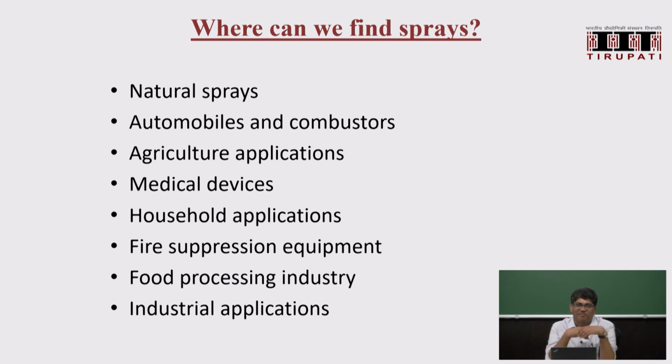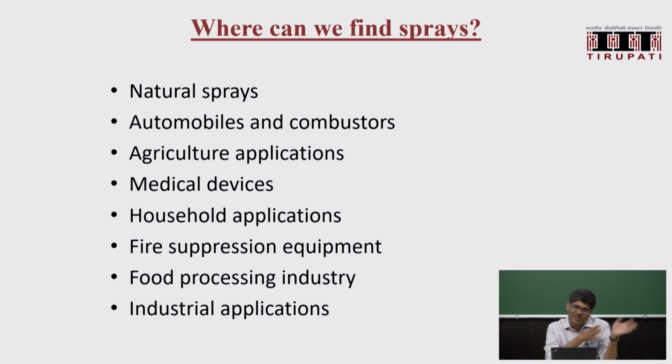I think probably everywhere in day to day life, right from your perfumes, everyday morning deodorant, it is a form of a spray. So natural sprays, you would be seeing in many places, right? From rain, the automobiles and gas turbine combustors, wherever they use liquid sprays.